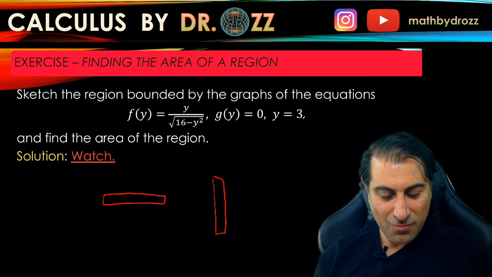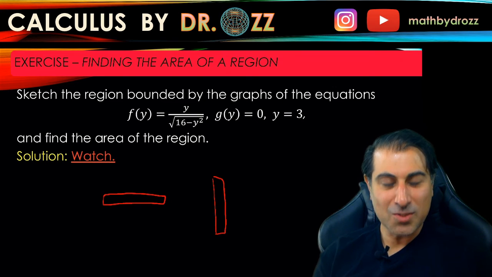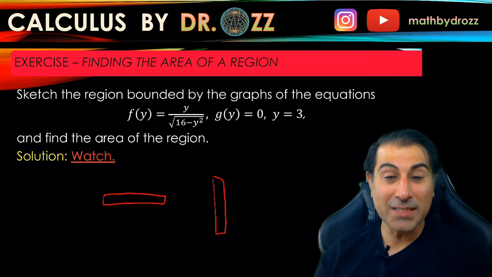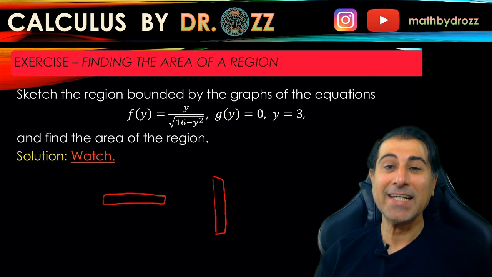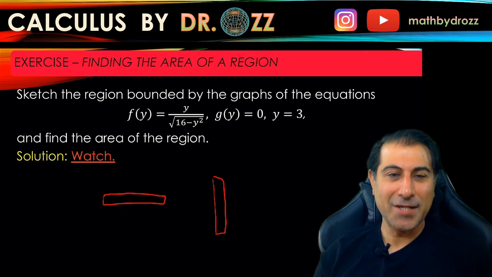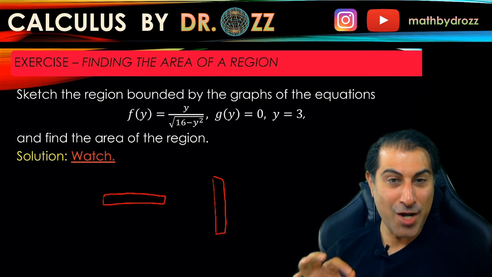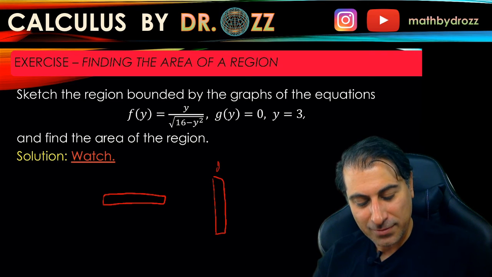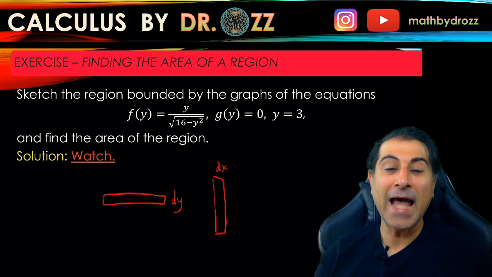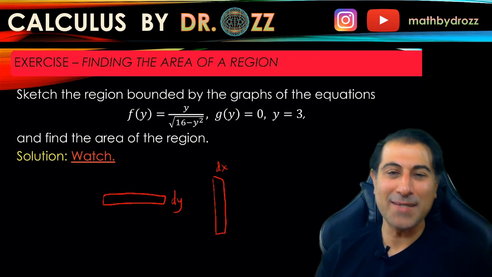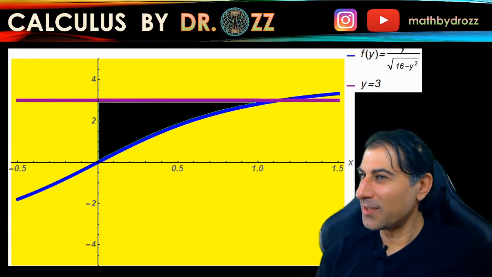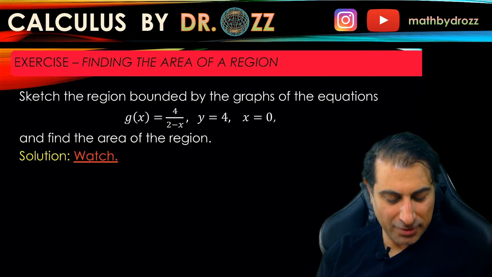Even before the video, just try to make some sense out of this idea of having a horizontal representative rectangle, so that the area integral is going to depend on not x but y. So instead of dx, you're going to have dy integration. And the region looks like this one. So just for your reference, please check this out.